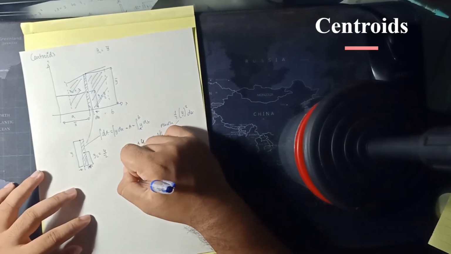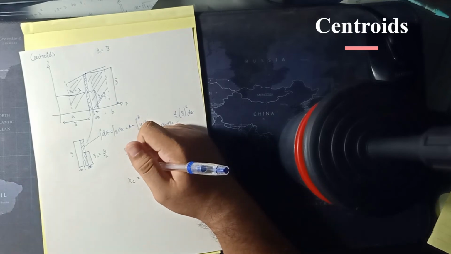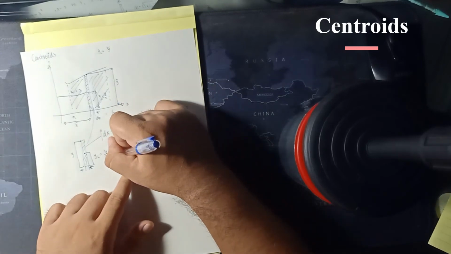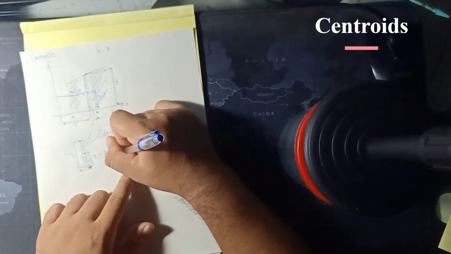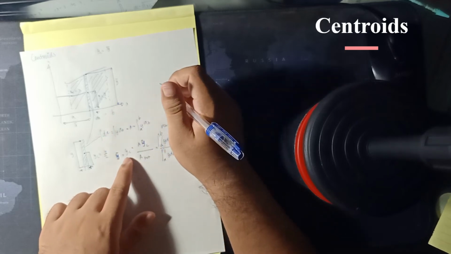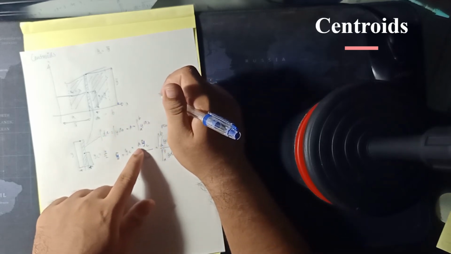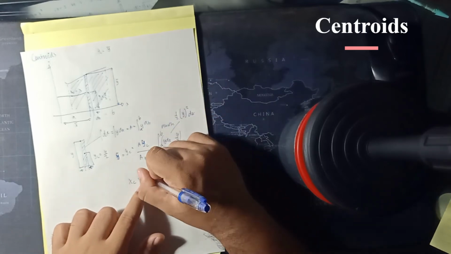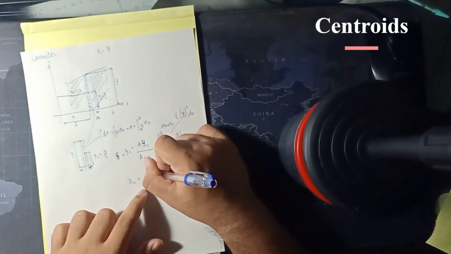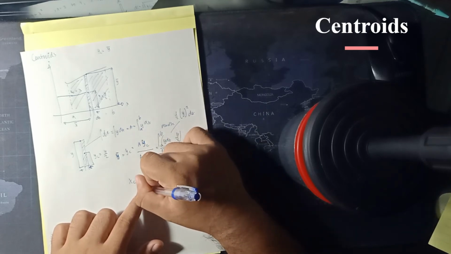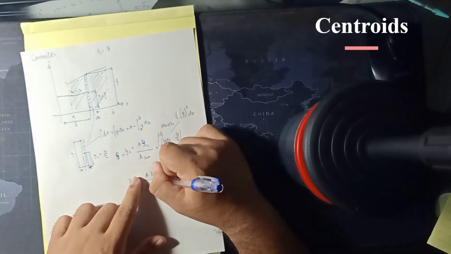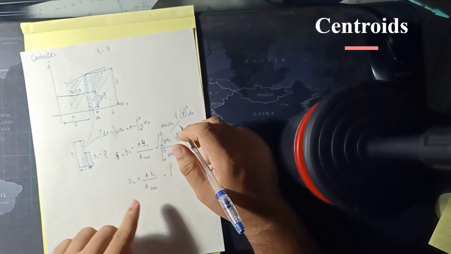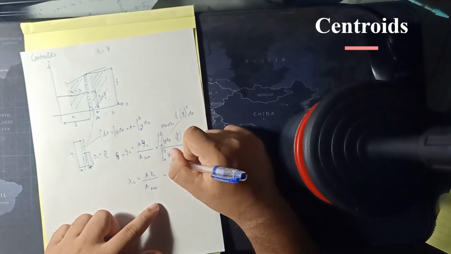And for your xc, don't forget that your yc is also equal to your y bar. Your y bar is equal to yc, and yc is equal to area times yc over total area. So for your xc, this is also area times xc over A total, with the limits from a to b.